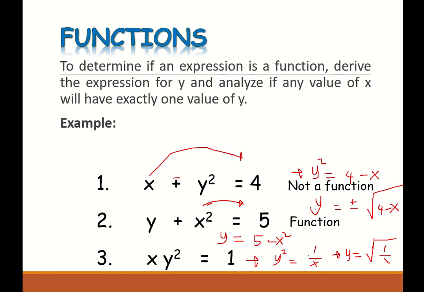And take note, we have two values for y. So this is plus and minus. Okay, so for every value of x, you have two values for y. So that makes this expression not a function. Alright, so two of them are not functions.